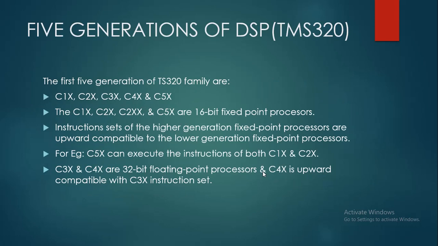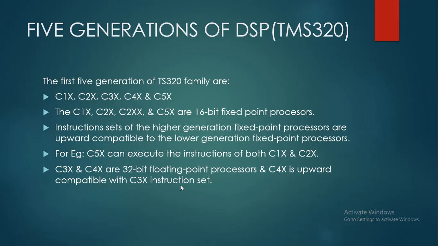The five generations are C1X, C2X, C3X, C4X, C5X. Now we are developing the process with C5X. The C1X, C2X and C5X are 16-bit fixed point processors. C3X and C4X are 32-bit floating point processors, and C4X is upward compatible with the C3X instruction set.